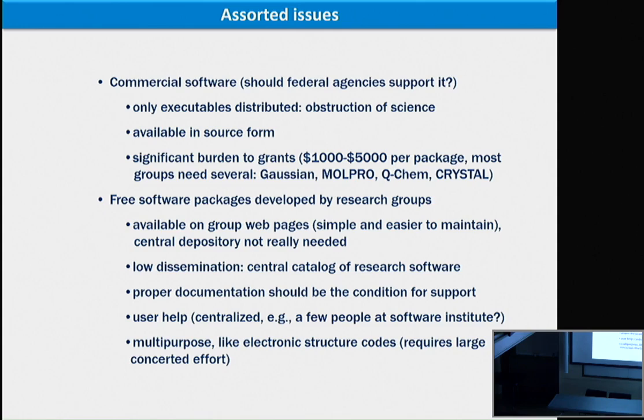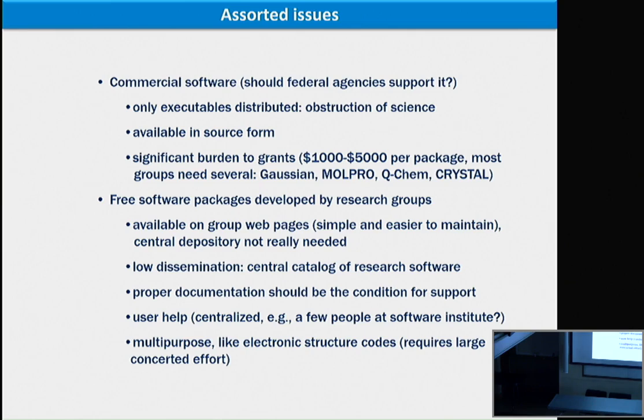So that's okay. But I think that in many cases, those programs are kind of obstructing science because they are never available in source code. So if something happens and they cannot help you, you are completely on your own, and I had several cases like this. Also, in the case of my group, we need several codes.